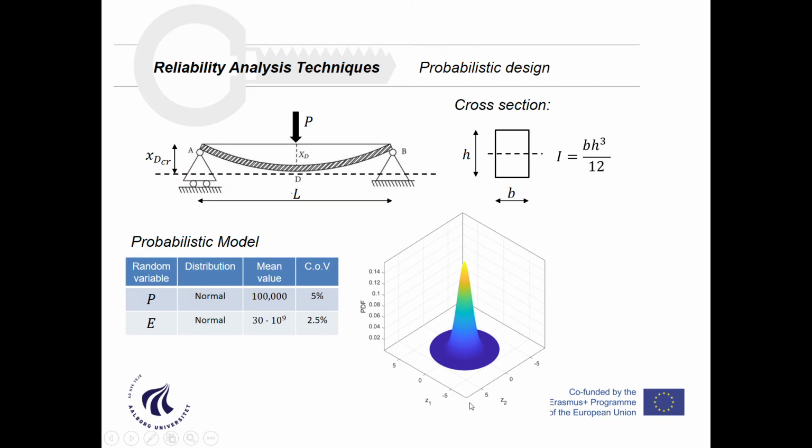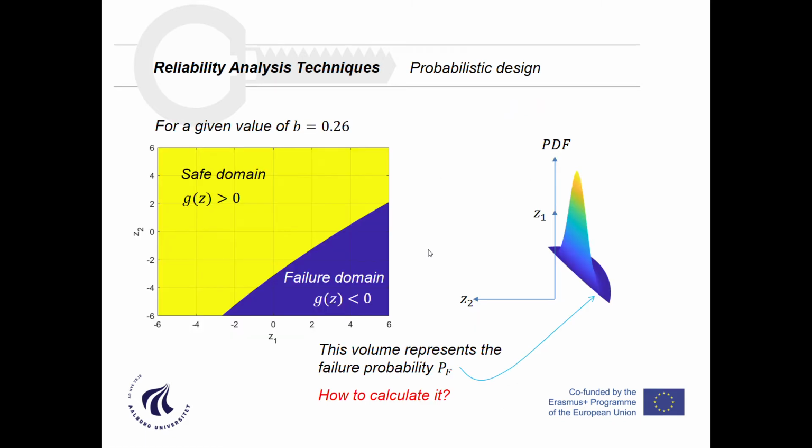So now we will have two random variables, which will be Z1 related to P and Z2 related to E. Again, Z1 and Z2 are standard normal distributed random variables. So now instead of calculating an area, what will represent the failure probability will be a volume in the failure domain.